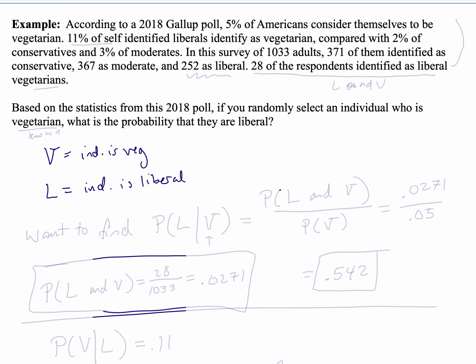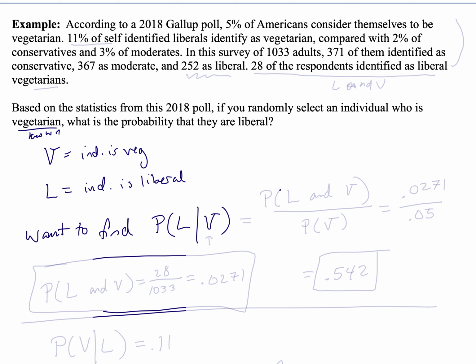We are looking for, if the person you randomly select is vegetarian, what is the probability that they are liberal? So this part is known, and whether they're liberal or not is what we're trying to find the probability of. So in other words, we want to find the probability that they are liberal given that, knowing that they're vegetarian.